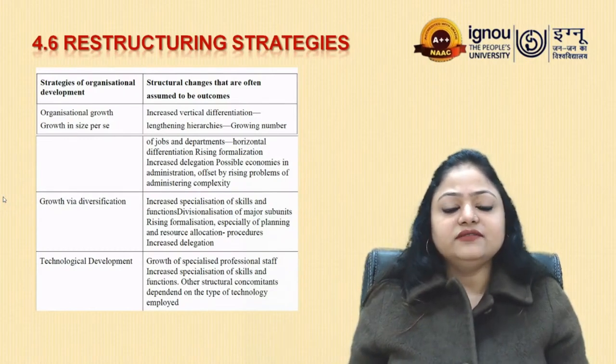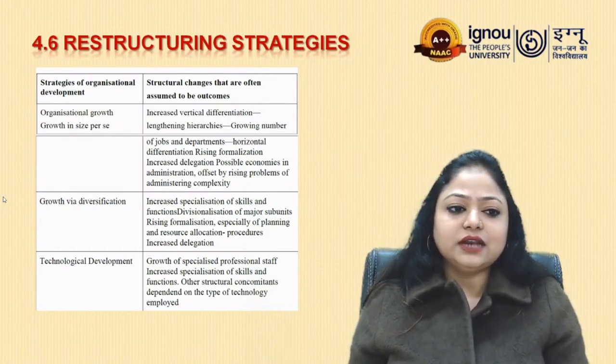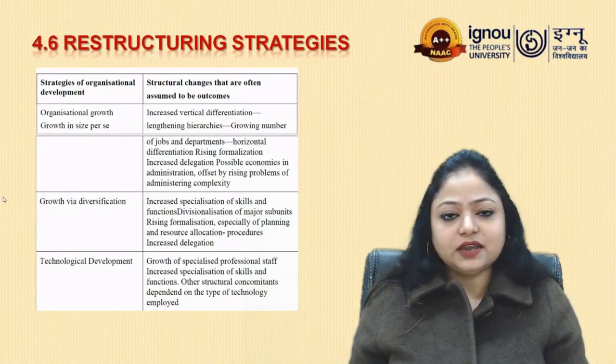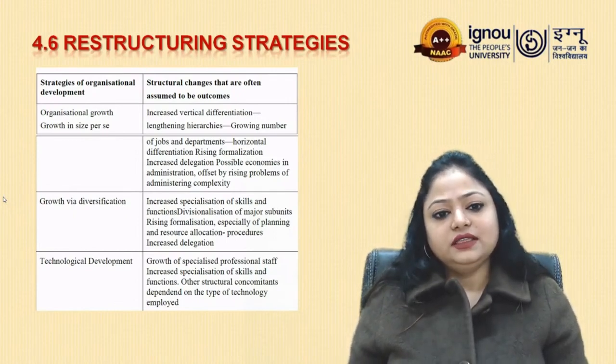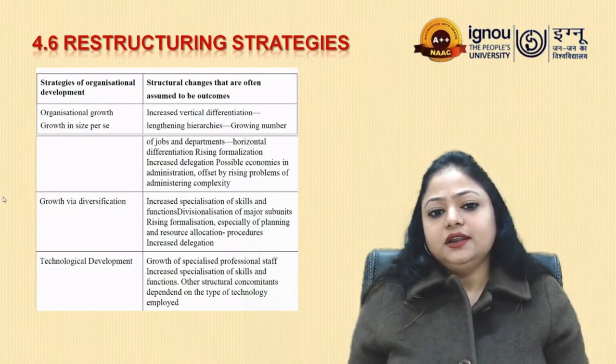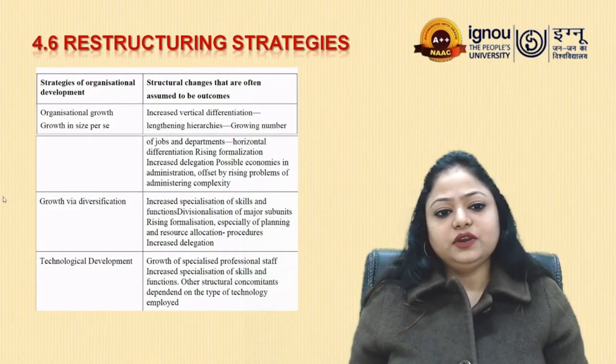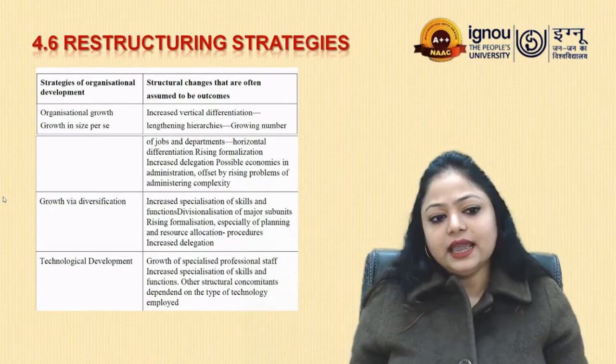Then growth via diversification can be another strategy when the organization is trying to redesign or restructure itself. Then increased specialization of skill and function, divisionalization of major subunits, rising formalization, especially of planning and resource allocation and procedure, increased delegation can be there.